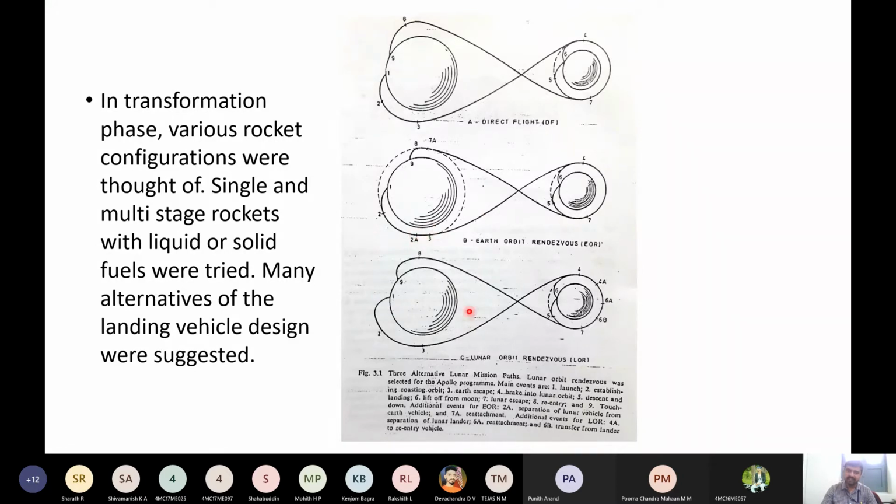So by realizing that, they didn't want to take that risk. Instead they thought about the same concept again, that means using a single vehicle, but they thought of various other ways in which they can reduce the weight of the vehicle. So that was the next step.